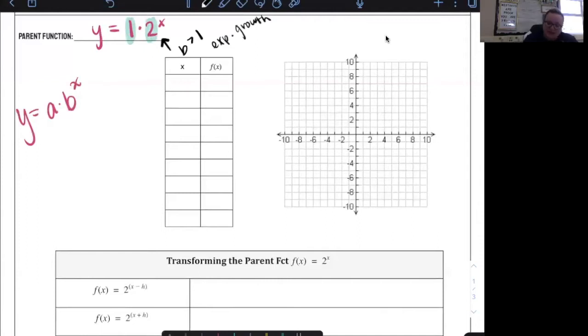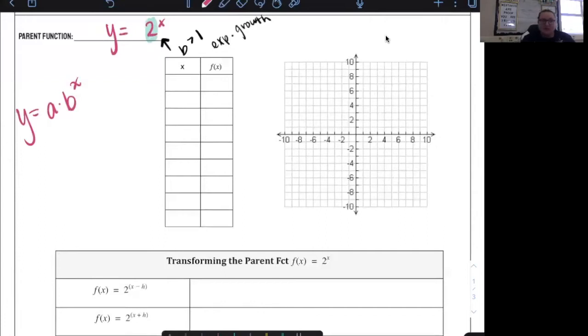Because a is 1, 1 times 2 to the x is simply 2 to the x. So what we're talking about is the parent function y equals 2 to the x, and we're going to talk about all kinds of transformations that can occur to this parent function.